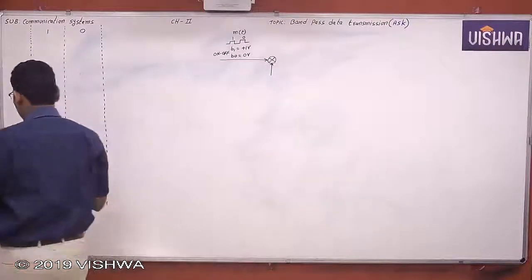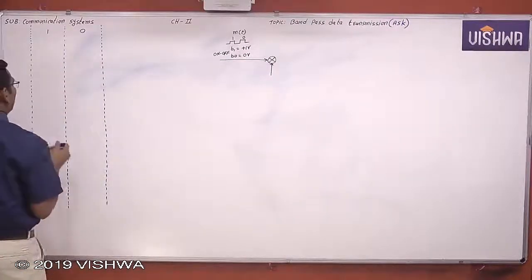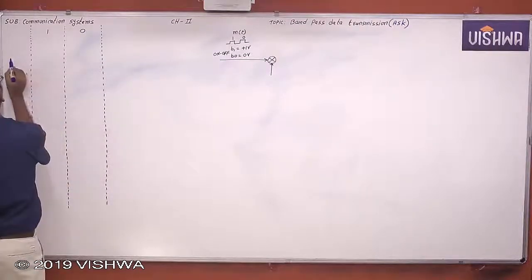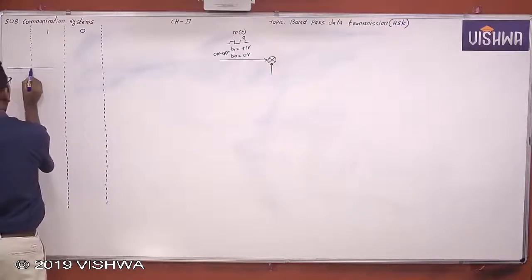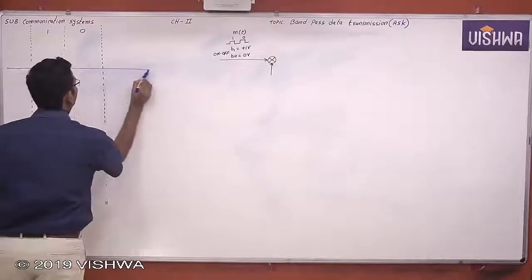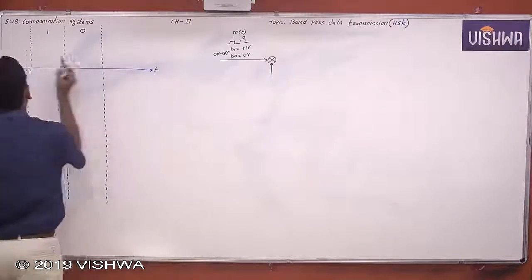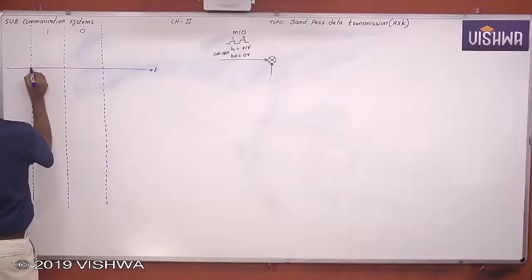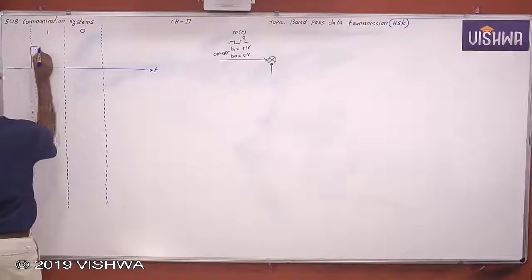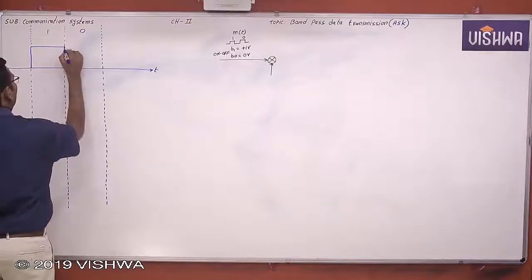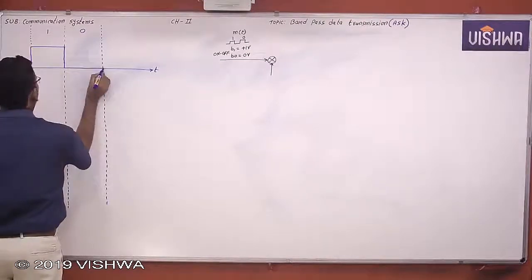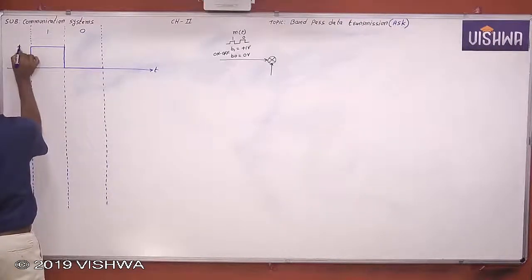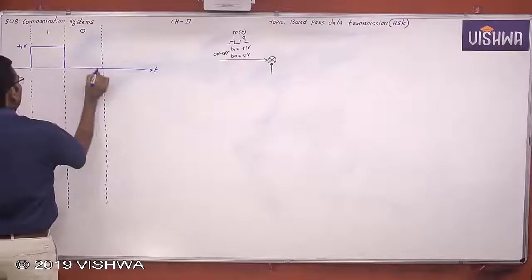Binary 1 means positive voltage, 1 volt. Binary 0 means 0 volts.